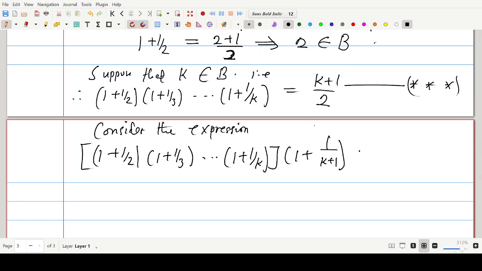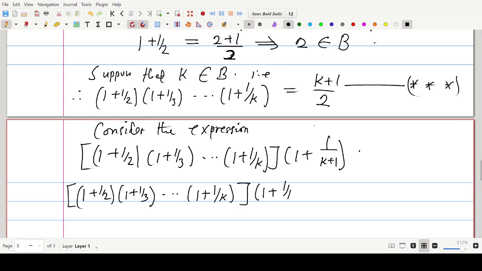So in that case, we have 1 plus 1 over 2 multiplied by 1 plus 1 over 3 until it gets to 1 plus 1 over k, then times 1 plus 1 over k plus 1. But don't forget, it's both sides of star star star you are multiplying. So we have k plus 1 over 2 multiplied by 1 plus 1 over k plus 1.